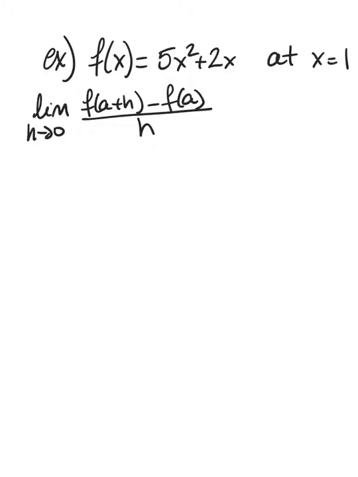So again, our deal is that we're going to take a plus h and it's going to go in for all the x's here. So that's the limit as h approaches 0 of, I'm going to put in parentheses, 5(a plus h)^2 plus 2 times (a plus h). That's my f of (a plus h). That's me putting a plus h in for all the x's in the function.